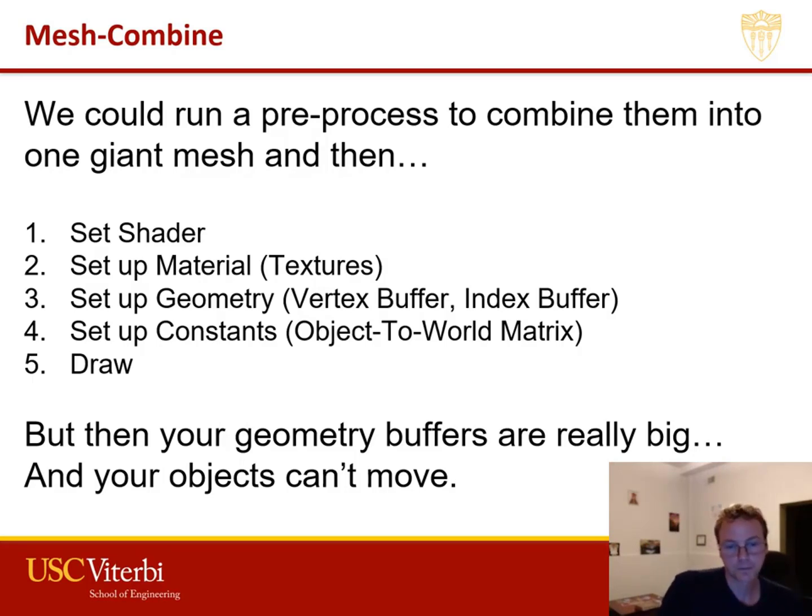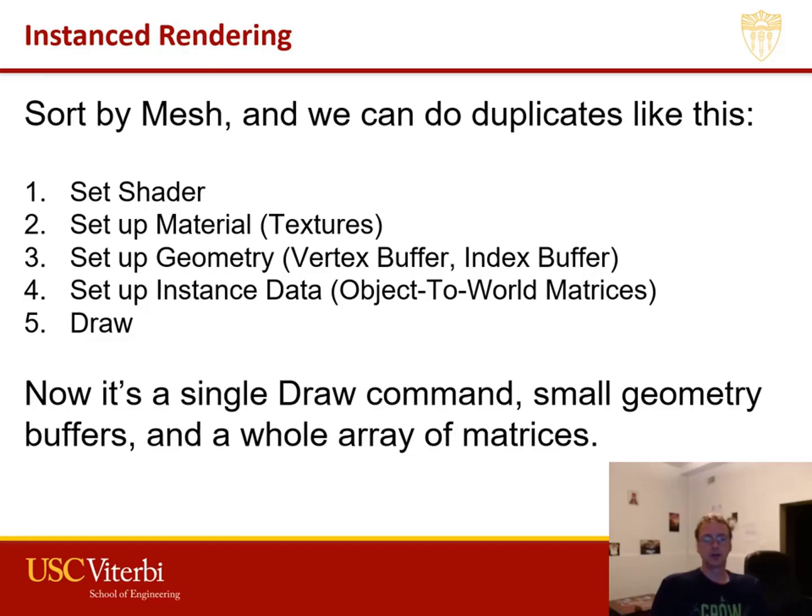Okay, what else can we do? Introducing a new concept called instanced rendering. What is that? Here's how we do instance rendering. We set the shader, set the textures, we set the geometry of a single mesh, now the original tree mesh. And then we set up a new kind of data called instance data.